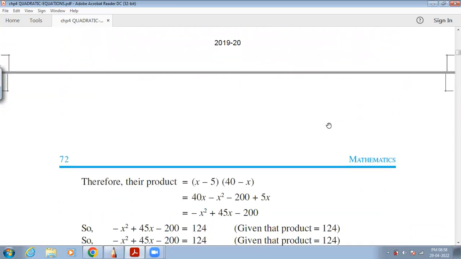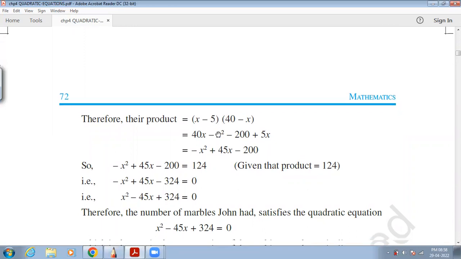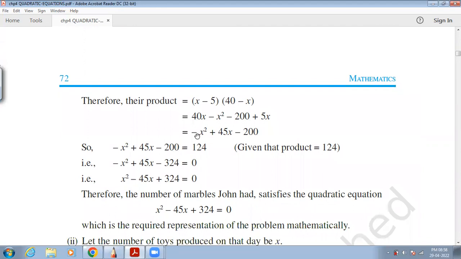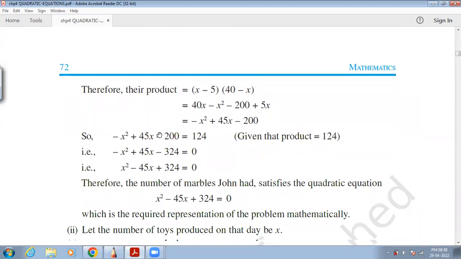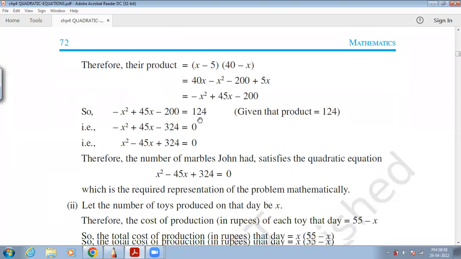Okay, now I'm scrolling it down. See, it should look like this. x minus 5 into 40 minus x is the product of their marbles. And if you solve it, it turns out to be minus x squared plus 45x minus 200. Now we need to equate this to 124, as it was said that this amount is equal to 124.